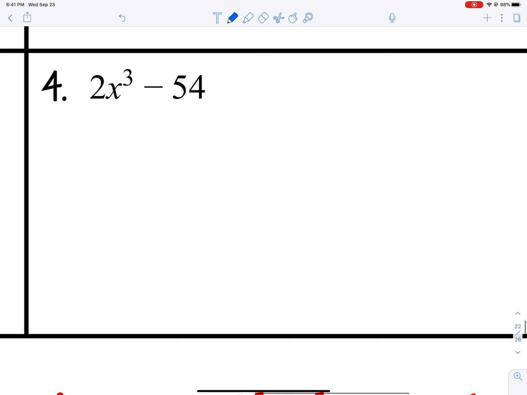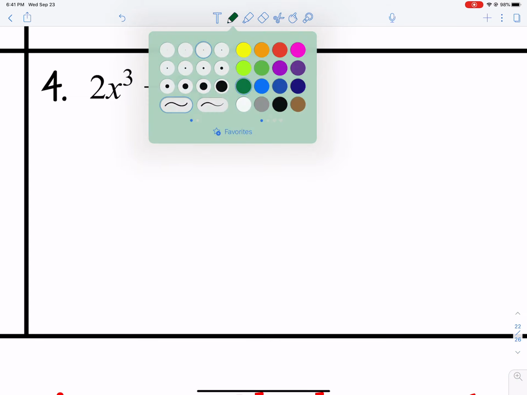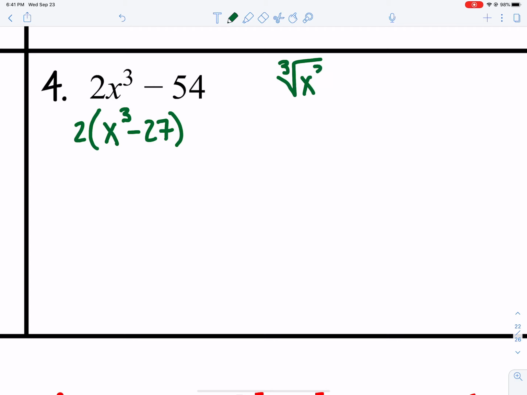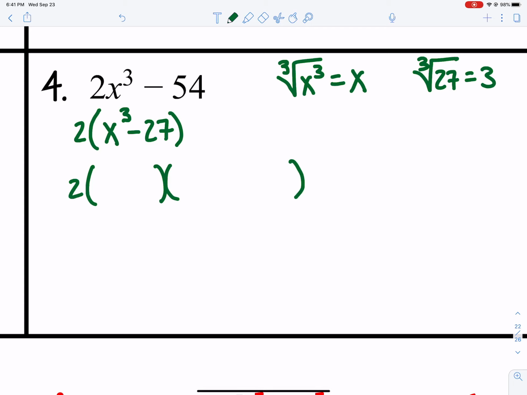So 2x cubed minus 54 is not a difference of cubes just yet, but we can take out the 2 and we'd have x cubed minus 27 left over. And those are perfect cubes because the cube root of x cubed is x and the cube root of 27 is 3. So the 2 stays on the outside, and we have a binomial and a trinomial factor.